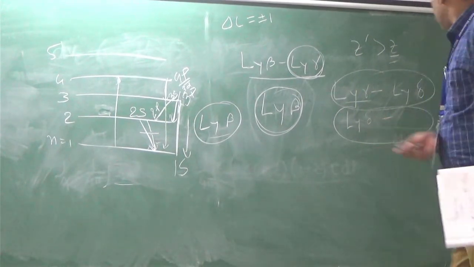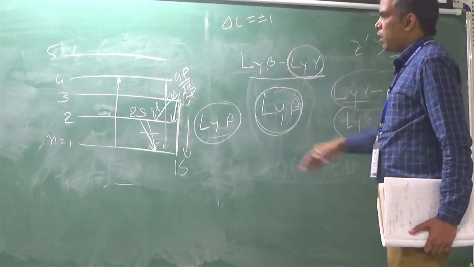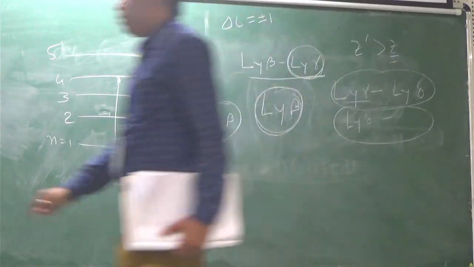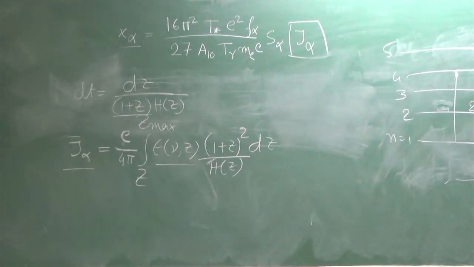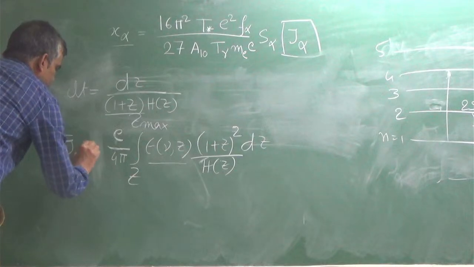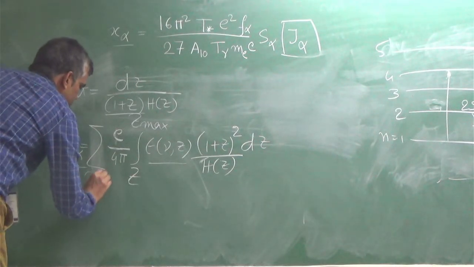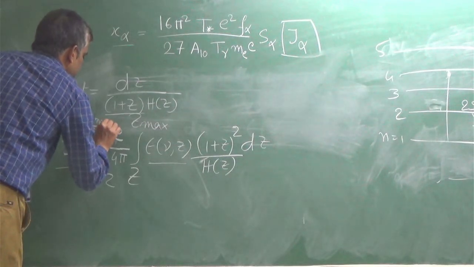Okay, so keeping this background in mind, what we have to do in this equation is change this equation slightly. We have to sum over all bands n from n equal to 2 to some n max.